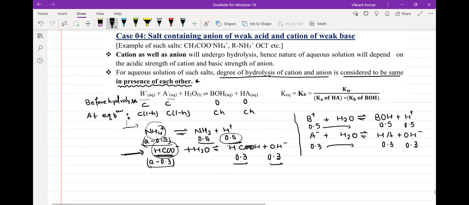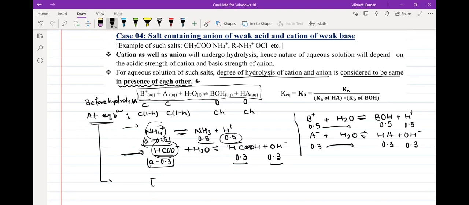Now, for this reaction, the Kh value will not be KW by Ka or KW by Kb. We have to calculate that also. So now, if I have to calculate the equilibrium constant of this reaction, can I write at equilibrium, it is nothing but BOH into HA upon B plus into A minus. I'm just readjusting it.